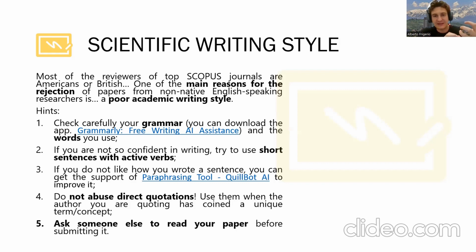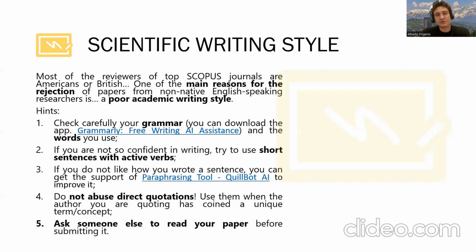We have the idea, but we cannot find the right words. If you are facing something like that, Quillbot can help you, because it's a tool that helps you paraphrase sentences to sound more academic or to look better. I will show you this tool in a moment.